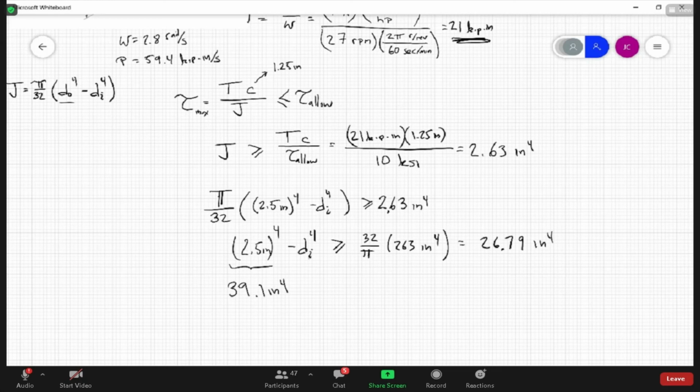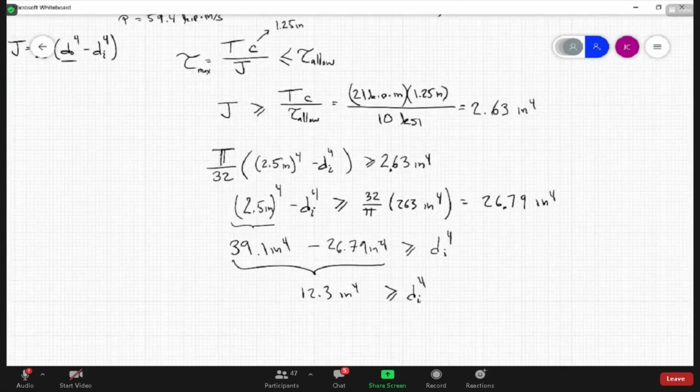Okay, because then this minus the 26.79 inches to the fourth has to be greater than or equal to the inner diameter to the fourth. This number now becomes 39.1 minus 26.79, so this is 12.3 inches to the fourth, greater than or equal to di.